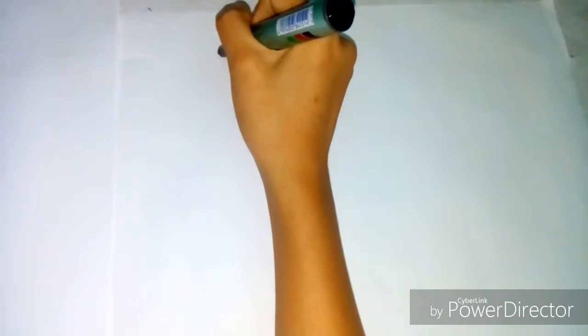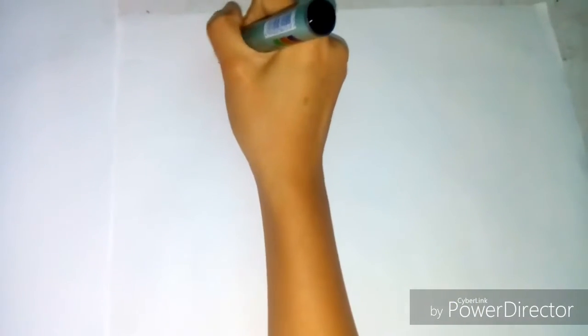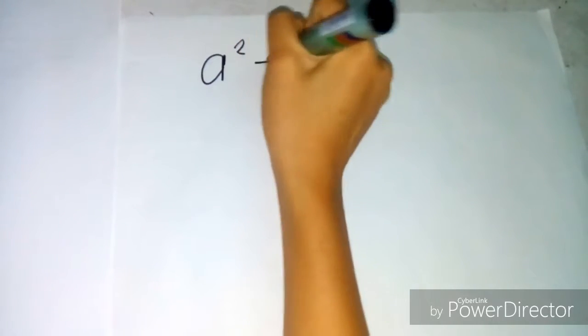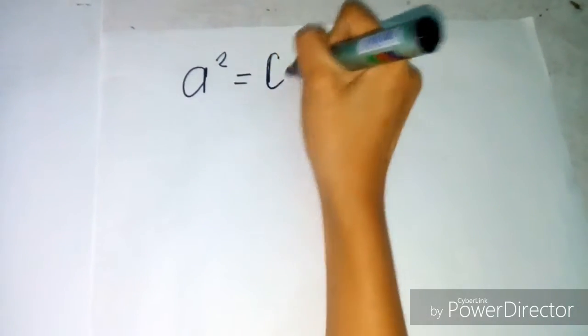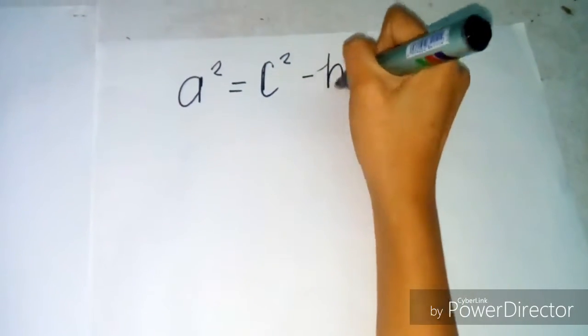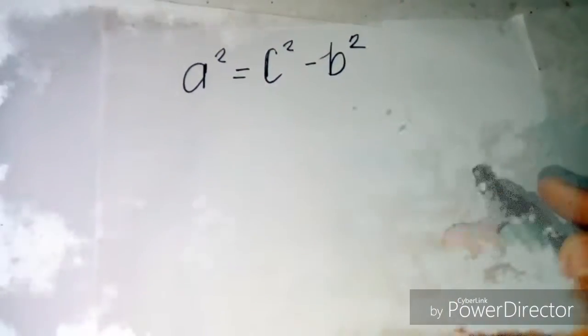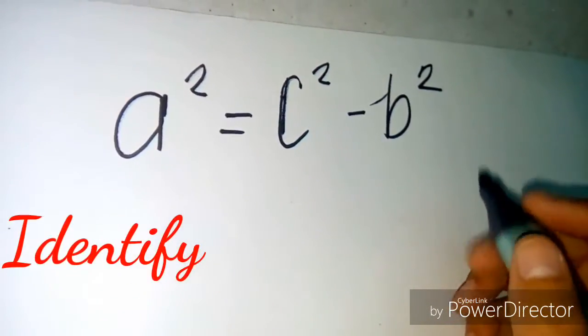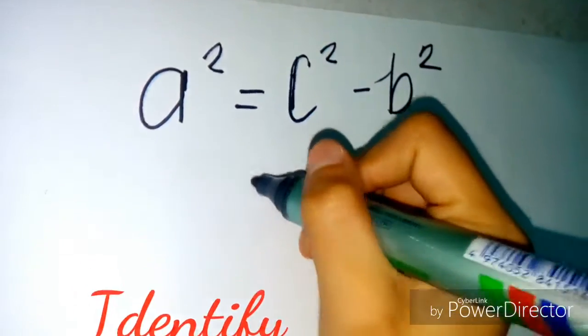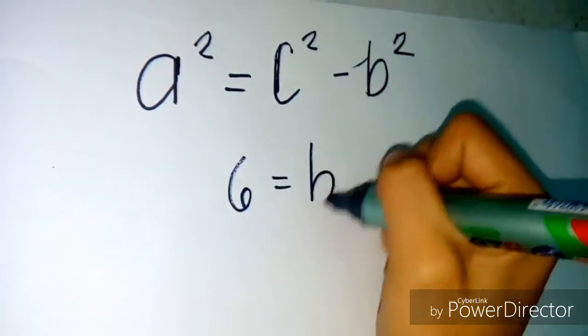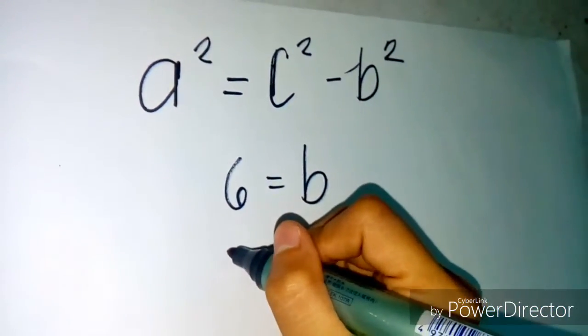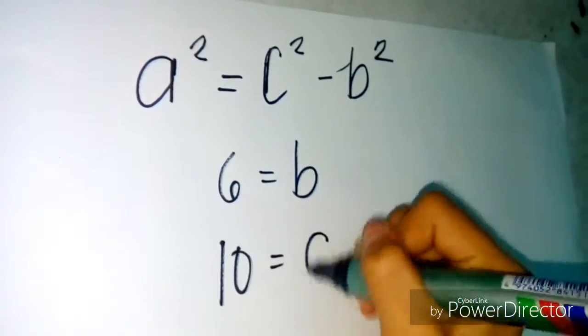To find it, let us derive the formula. So it will become a squared equals c squared minus b squared. Let's identify. Let us use 6 as our b and our hypotenuse, which is 10, as our c.